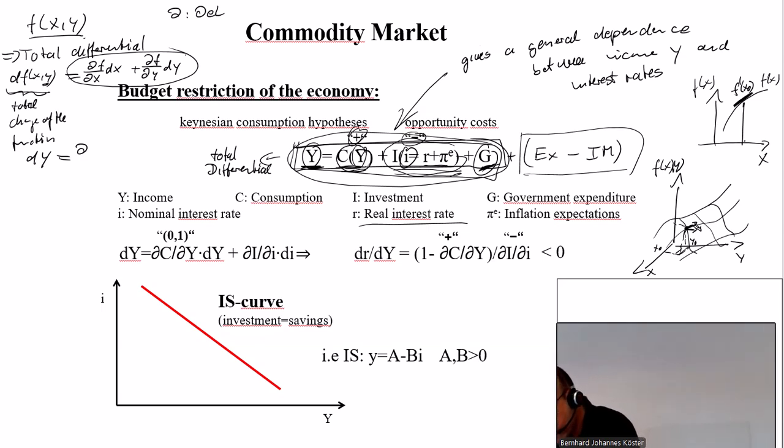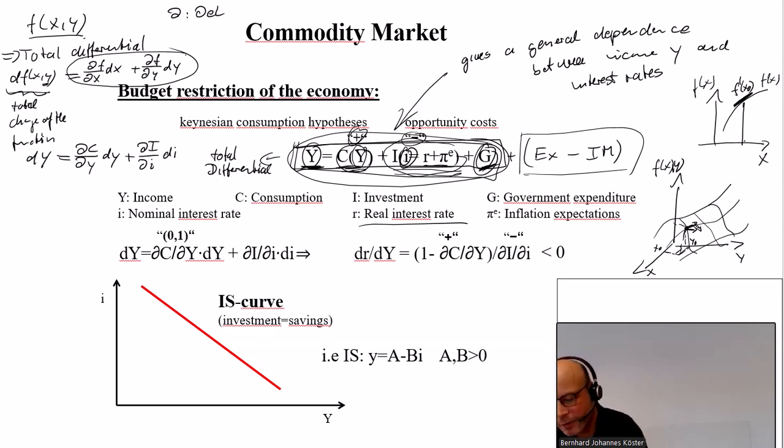So derivative with respect to y of c times, again, how far do I step in the y direction? Plus, here I have the dependence on the other variable. So di with respect to interest rates times the interest rate. Well, and the derivative of a fixed number is 0.